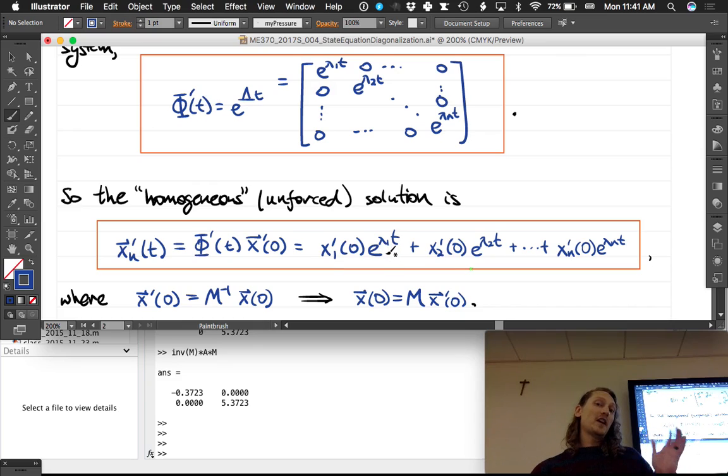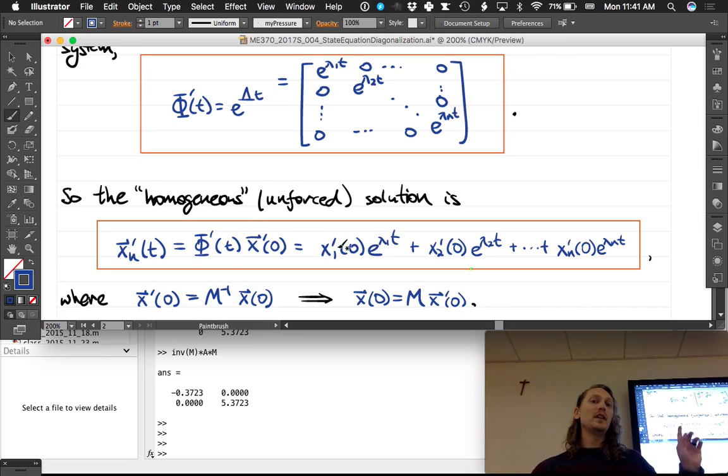So technically, you could have an unstable mode in your system. Say lambda 1 was equal to 4.2 plus 0.6j or something like that, so it was a complex root. It has a positive real part.